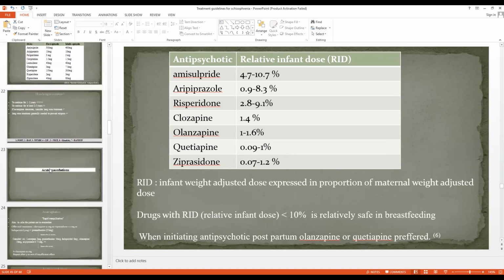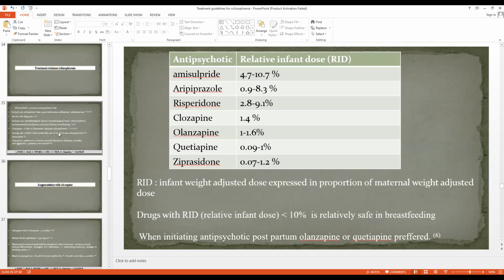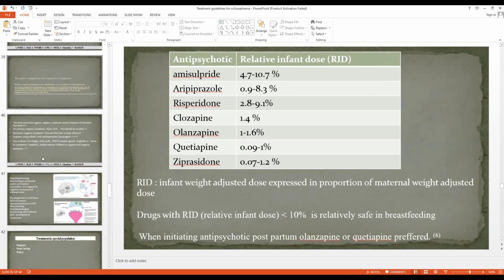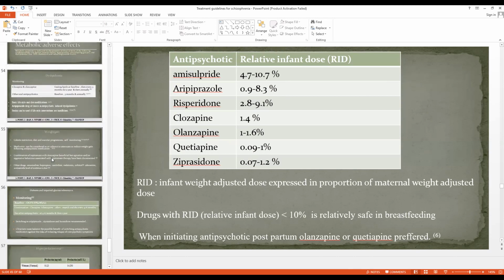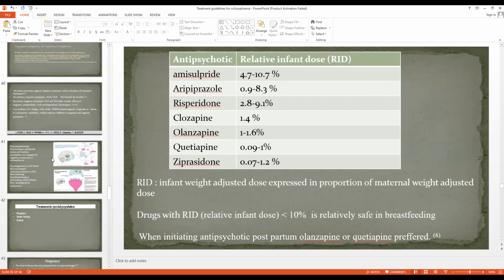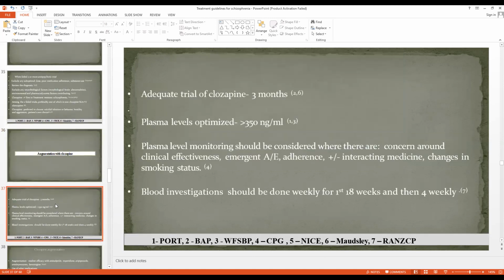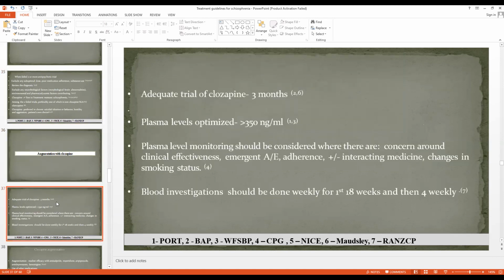These specific augmentation strategies are all limited. The World Federation of Societies of Biological Psychiatry says you can still do a trial of olanzapine. Other guidelines may say something else. Refer to various guidelines.